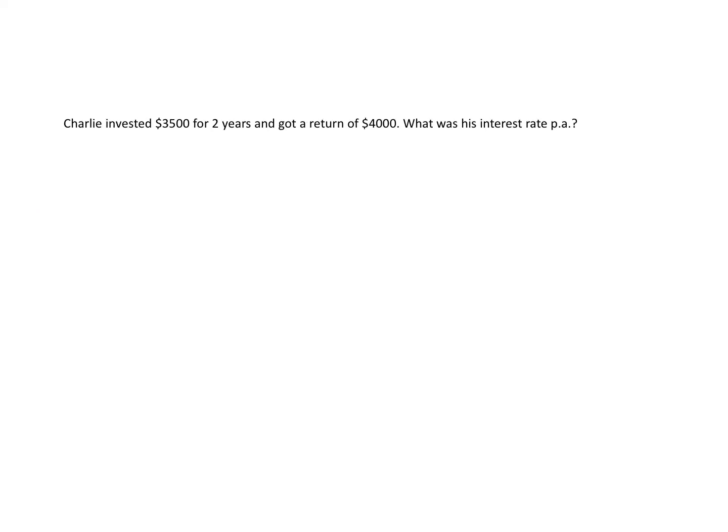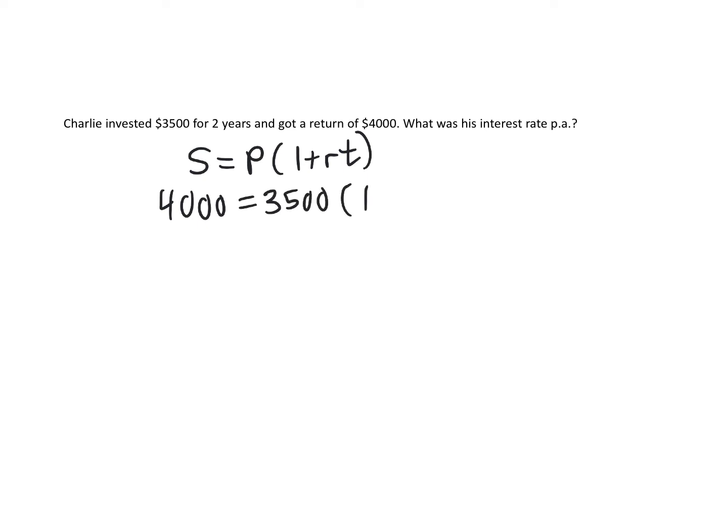In this example, we're looking for the rate. We can use the same formula. We put in what we know. And then we can simplify.